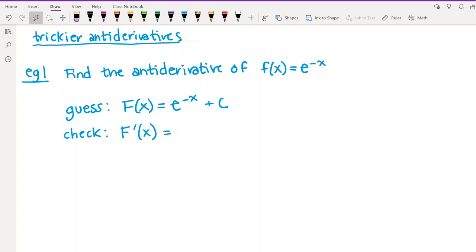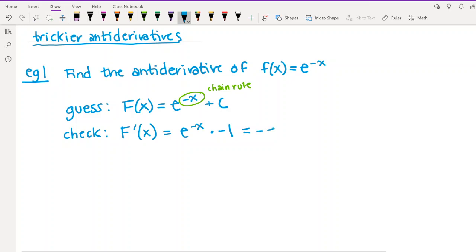So if we take the derivative of this, we get e to the negative x. But because the exponent is not just x, it's negative x, we have to use the chain rule for this part. So we have to multiply this by -1, and we actually end up with negative e to the negative x. That's not what we want, right?